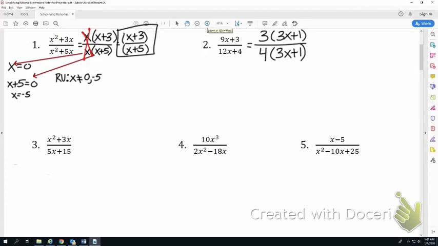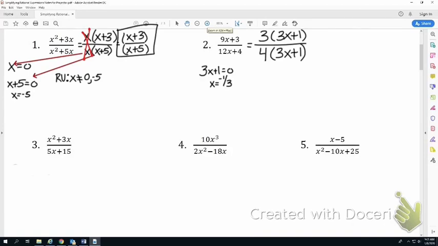And this is a part that some people struggle with, because what are the 2 factors that I got from 12x plus 4? 4 and 3x plus 1. So I know I'm going to set the 3x plus 1 equal to 0. I would subtract 1, divide by 3. So negative 1/3 is going to be one.